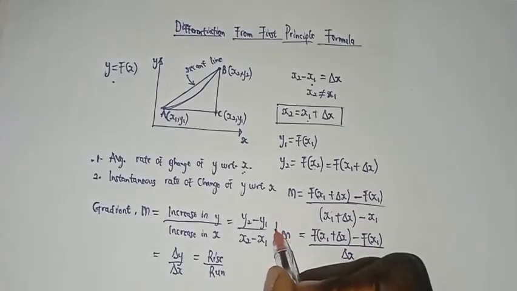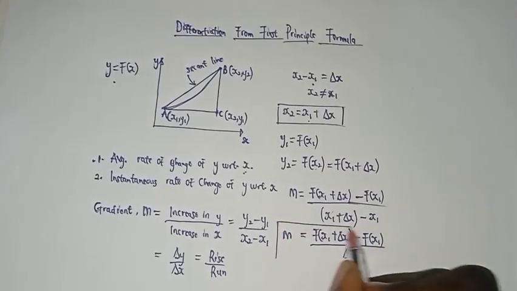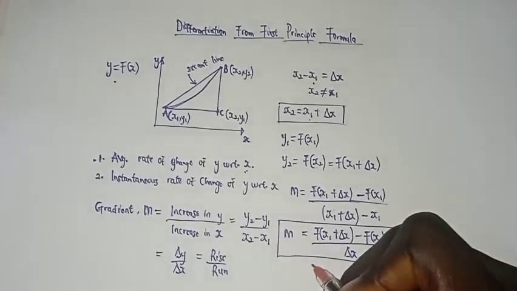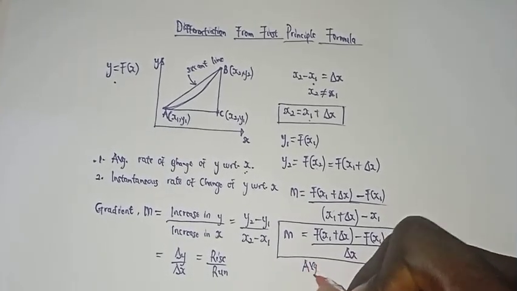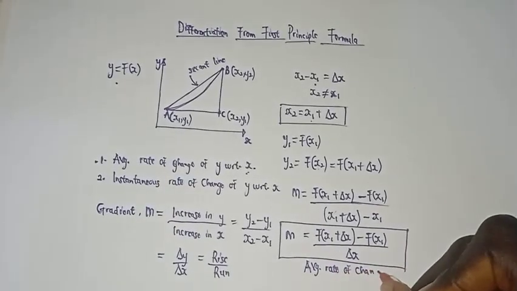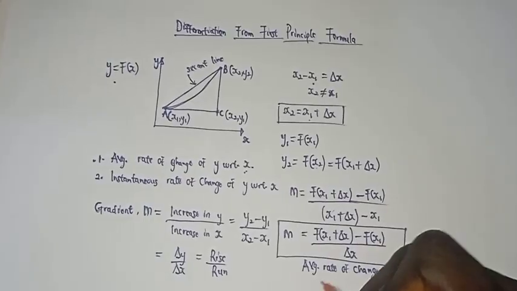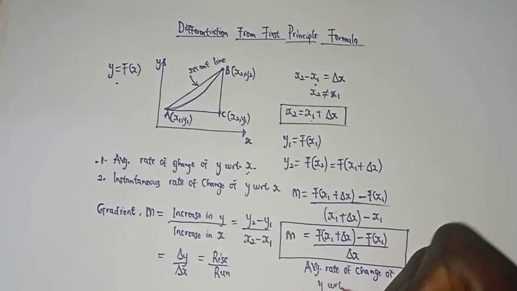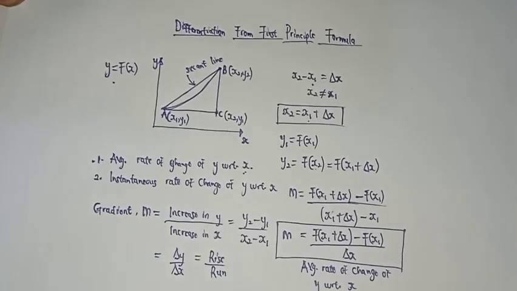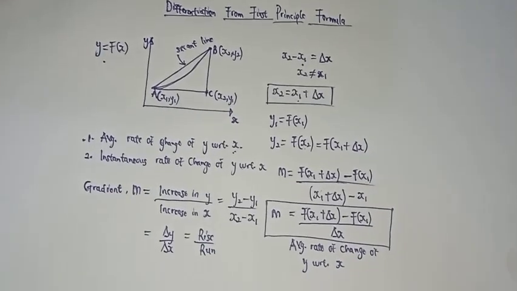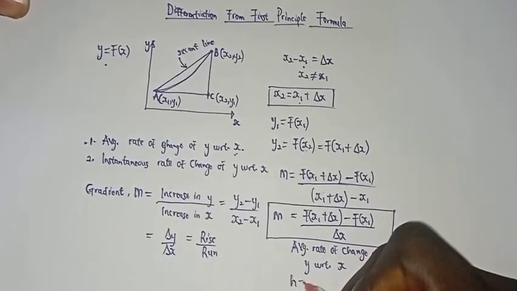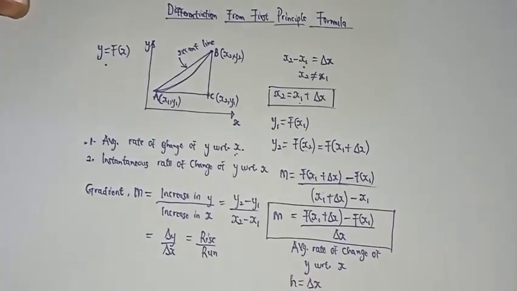So this is our gradient formula. This is the average rate of change of y with respect to x. Now, in most textbooks or tutorials, they use h in place of delta x. It still means the same thing.